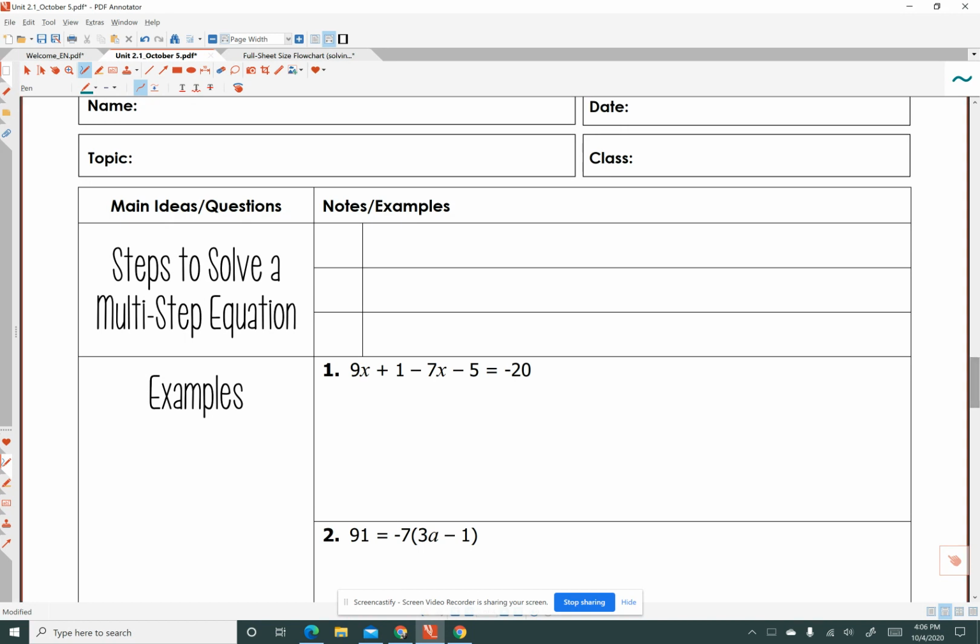So our topic is multi-step equations. And we have several steps that we use when we solve a multi-step equation. Roughly, we will distribute. Now, that's not always necessary, but if it's necessary, you want to do that soon.